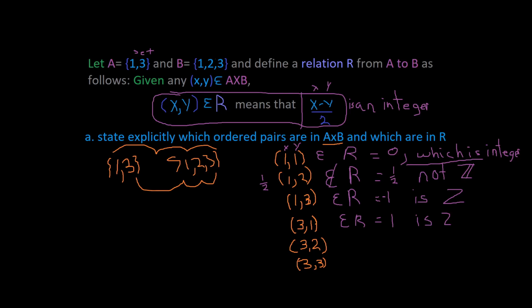So 3 minus 2, it's going to be 1/2. And so that is not an integer, because an integer has to be a number that's not a rational in a fraction. So what is this? This is not an integer. So there's a lot of ways you could phrase it.